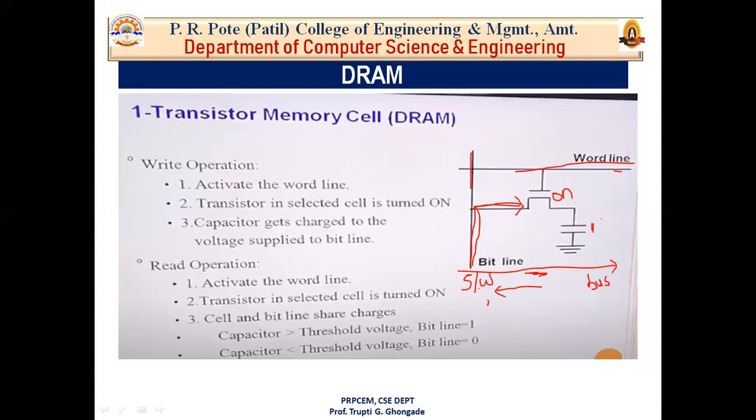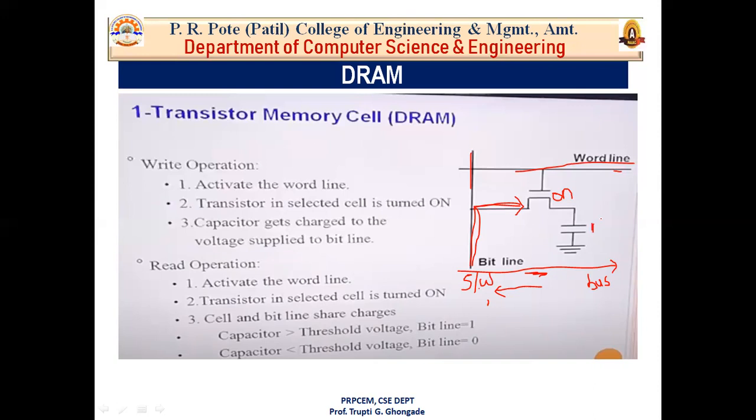So you pass a voltage supply on the bit line. This is how you write something to a DRAM. First you activate a word line, which turns on the transistor, and whatever information is on the bit line, through that voltage the capacitor will be charged. So this is a write operation.